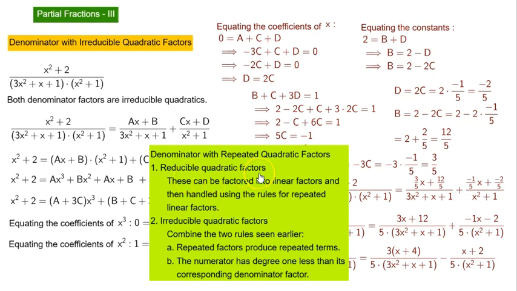If they are reducible quadratic factors, these can be factored into linear factors and then handled using rules for repeated linear factors. But if they are irreducible quadratic factors, that is x square plus 1 to the power of 2 or something like that, then we combine the two rules seen earlier. Repeated factors produce repeated terms. The numerator has degree 1 less than its corresponding denominator factor.